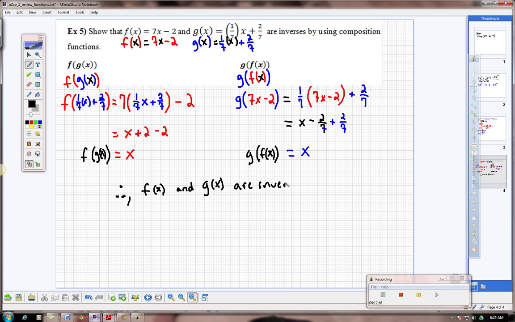And there you have it. That's how we use function composition to declare that two functions are inverses of each other. Thank you for watching. Maybe try an example now in your book to determine if two functions are inverses of each other.